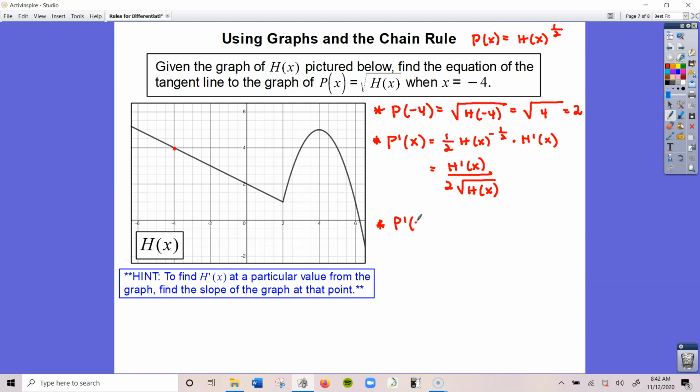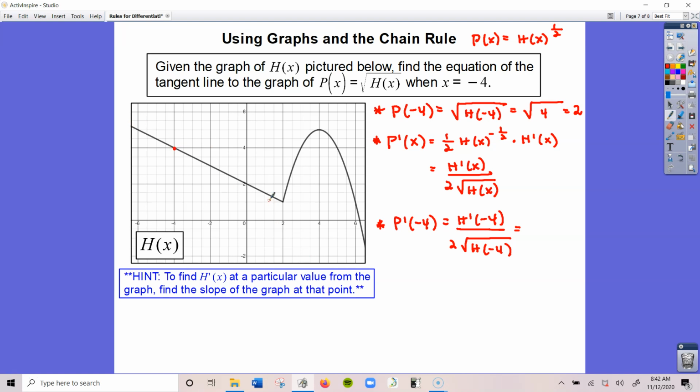So p prime of -4 is going to equal h prime of -4 over 2 times the square root of h of -4. As a reminder, to find h prime of x at a particular value from the graph, find the slope of the graph at that point. So here's the -4.